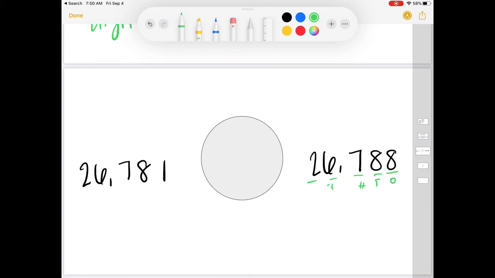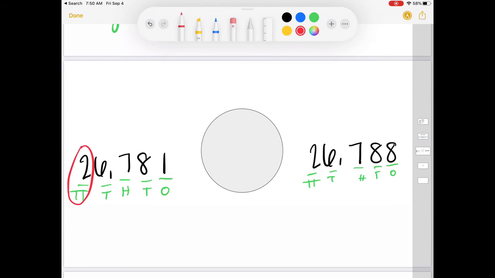I have my ones, tens, hundreds, thousands, 10,000s. I always want to start with the biggest place value. Right now in these numbers, the biggest place value I have is 10,000, so I'm going to circle it.